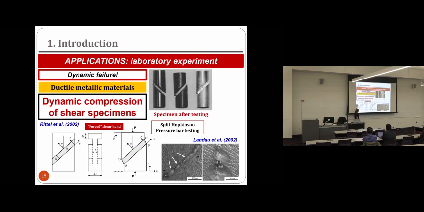This is the so-called Rittel specimen, the shear compression specimen. Basically, we are compressing the sample at high strain rates, again of the order of 10 to the 3 s to the minus 1, and then we are inducing localized shear deformation right here, and eventually the formation of a shear band.